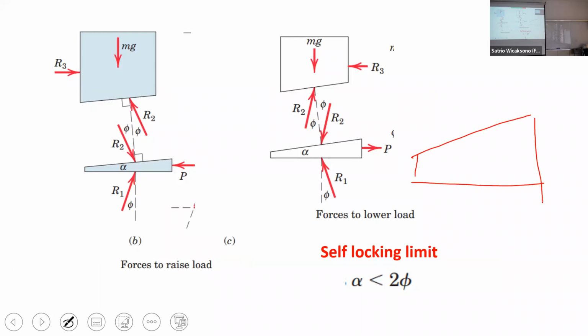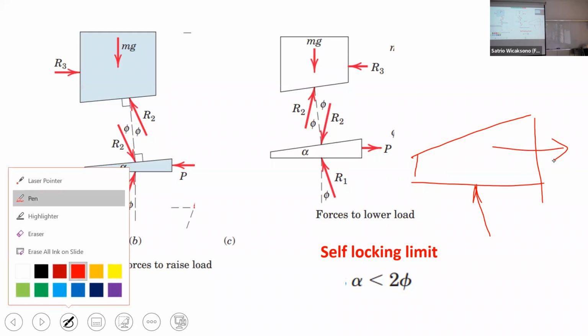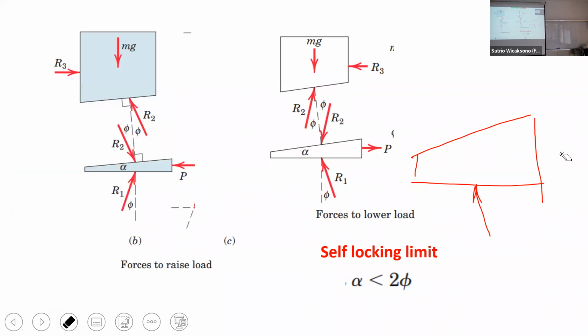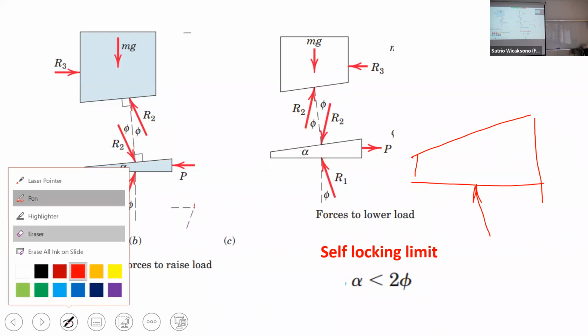Misalkan alfanya sama dengan 2 pi, nanti yang akan kalian dapatkan, dia tidak akan keluar, karena resultannya cenderung miring ke kiri. Jadi pergerakan keluarnya itu cenderungnya ke kanan ya.